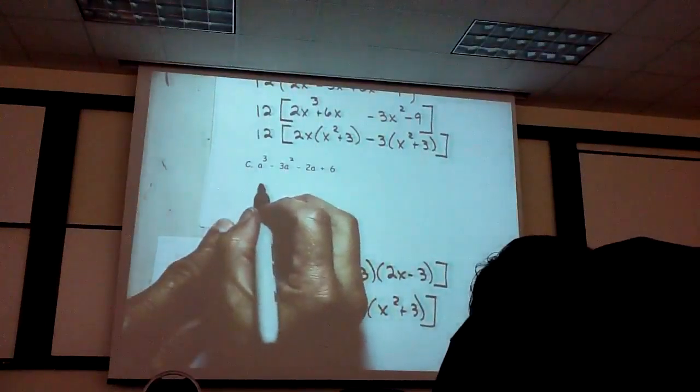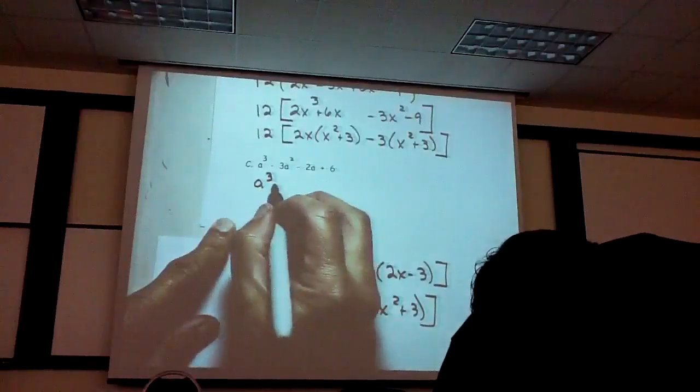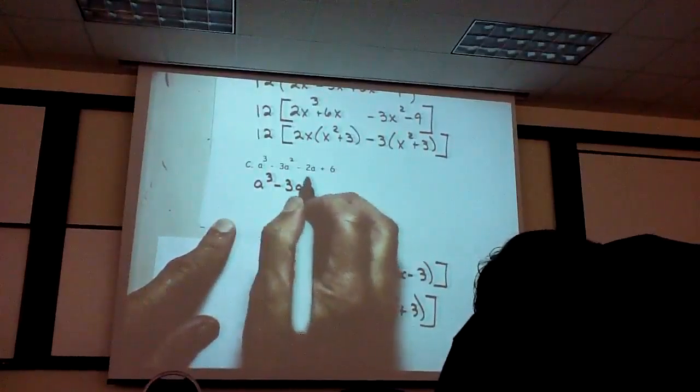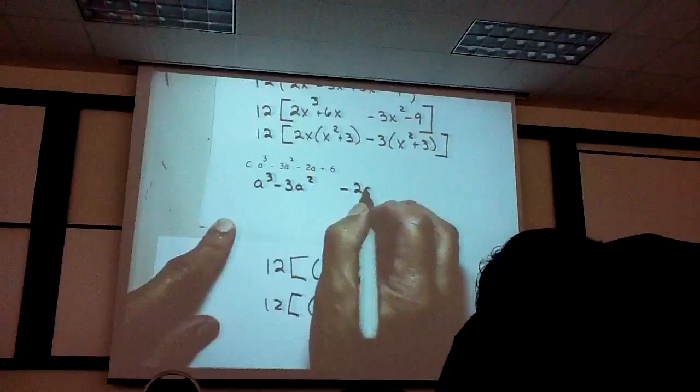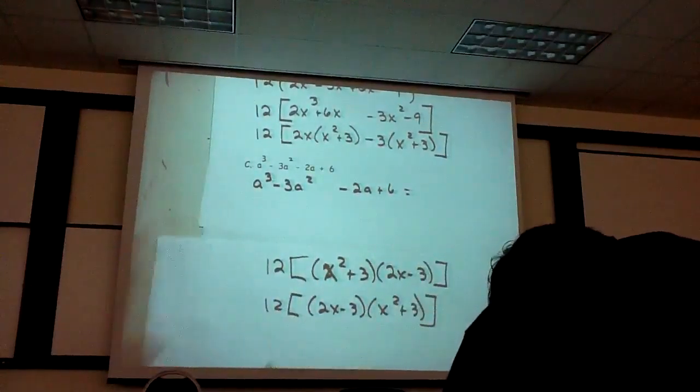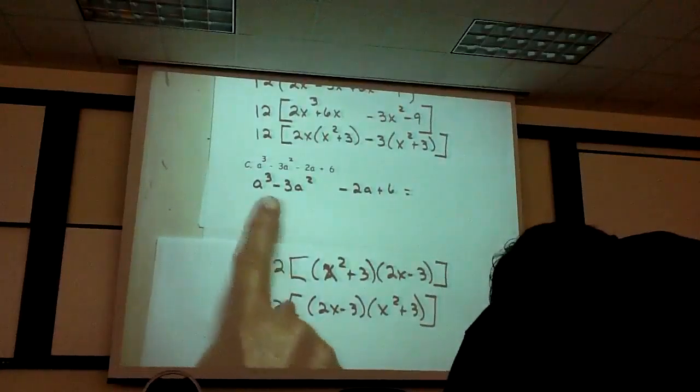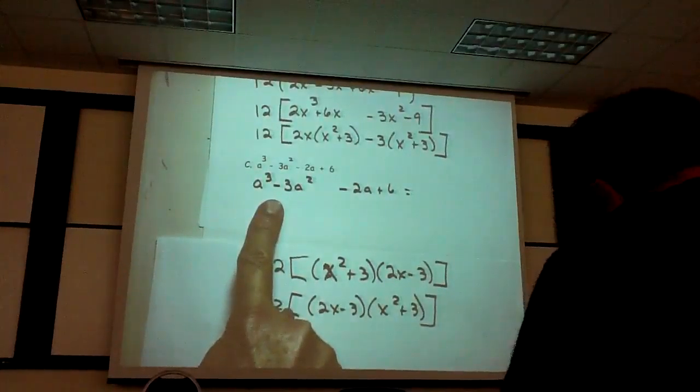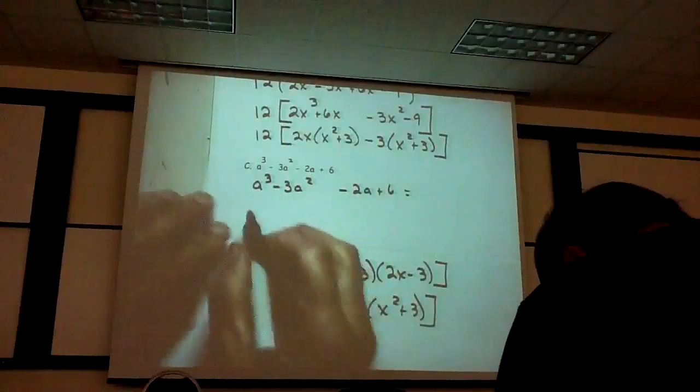Let's go traditional this time. a cubed minus 3a squared. Common factor of, right here? A squared is the common factor.